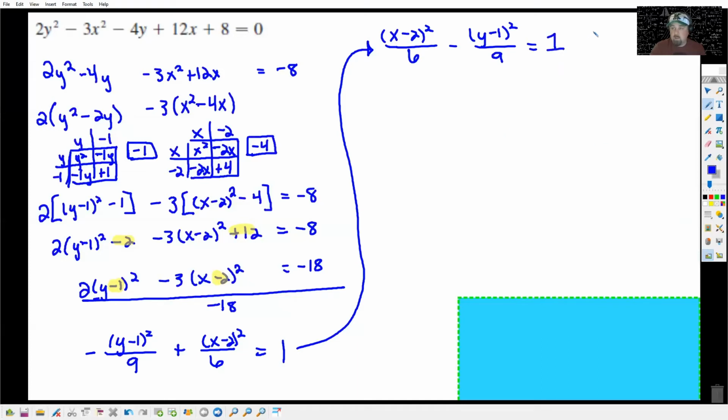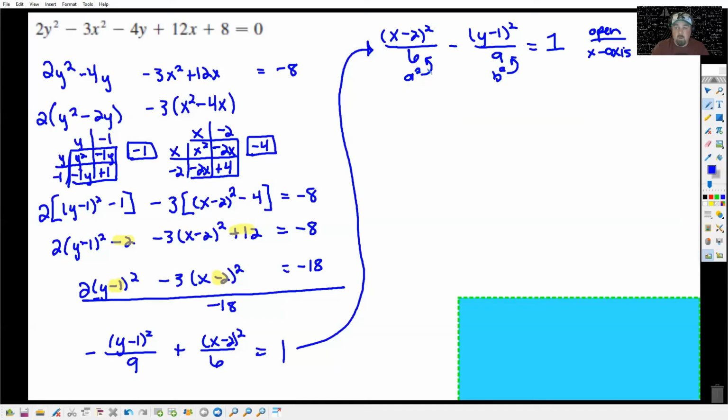So that means this is going to open on the x-axis, meaning that the a and the c value that we find for the focus and the vertices will be x values when we first find them. So a squared is always with the positive, b squared with the negative.